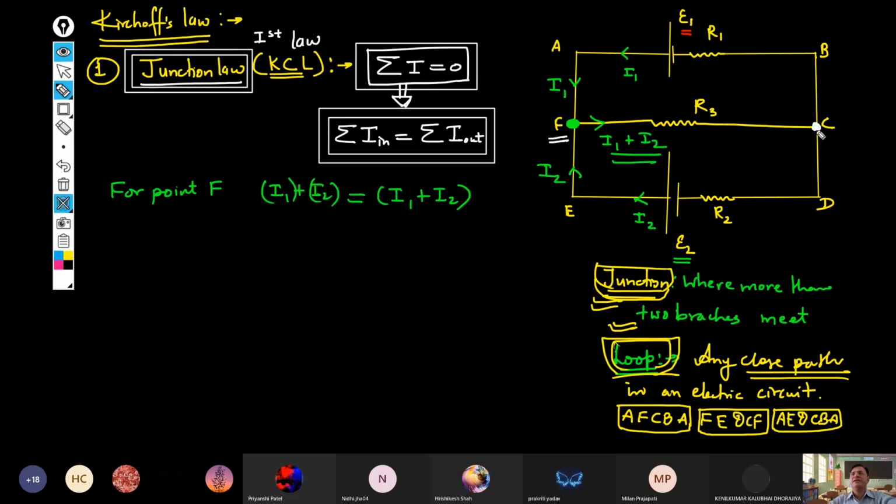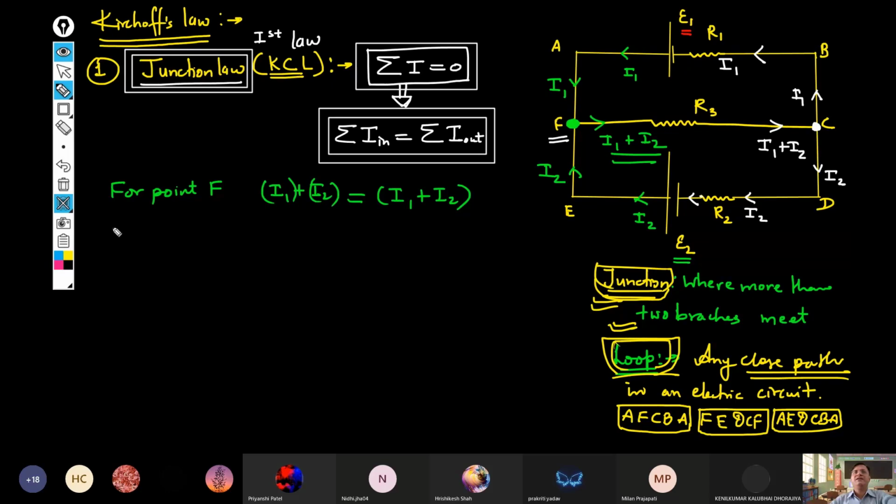Now if I talk about point C, again see in this branch, I1 plus I2 current is coming. Out of this I1 plus I2, the I1 current will move in the branch CB, then B to A. Same way, I2 amount of current will move from C to D, then D to E. So the current flowing in the upper branch is I1 and in the lower branch is I2.